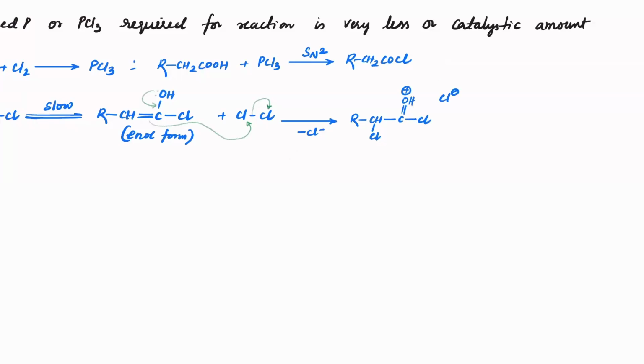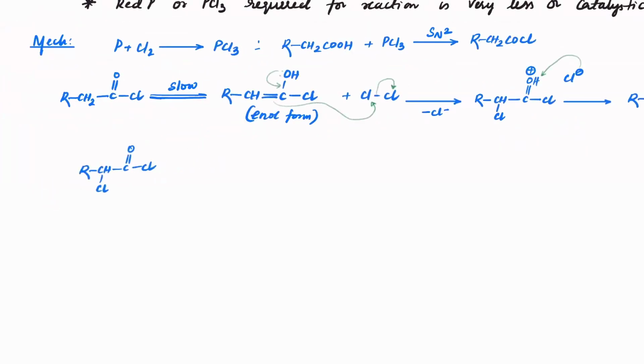The Cl minus which is released takes this H plus away, converting it into RCHCl, C double bond OCl. So this is an alpha halo acid chloride. It is very important to learn that this is an intermediate form. Alpha chloro acid chloride is an intermediate.